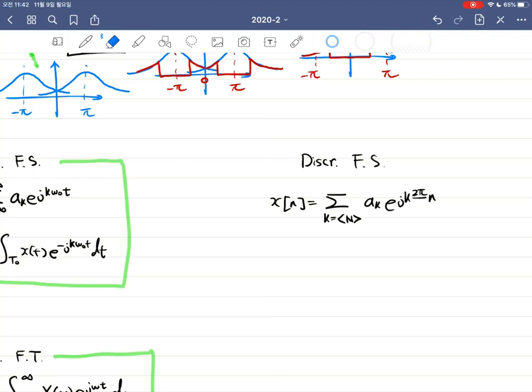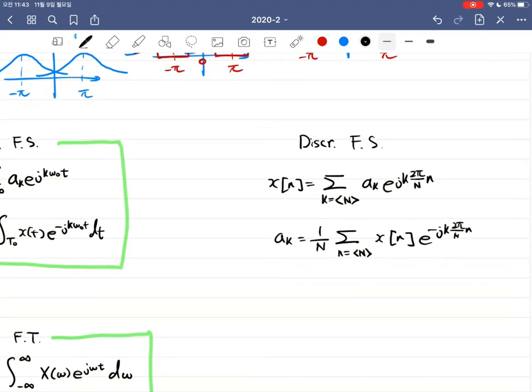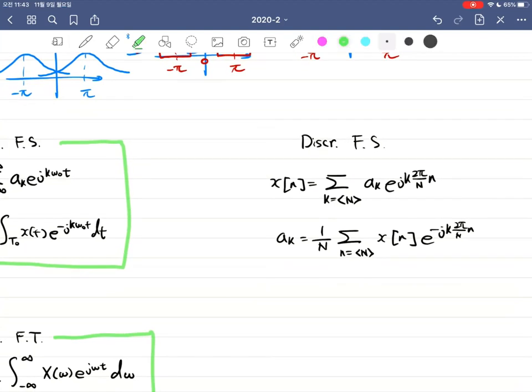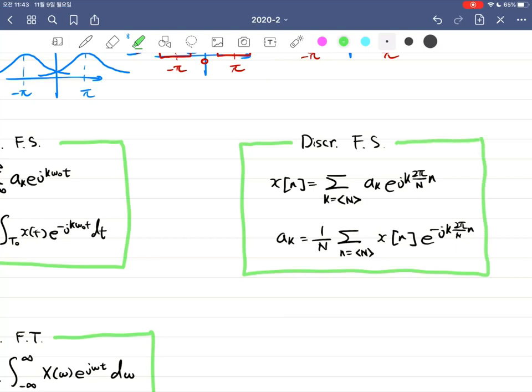And you can have this expression. And a_k will be 1 over N summation of x[n], where I can have this expression. So these are the two equations for the discrete time Fourier series.